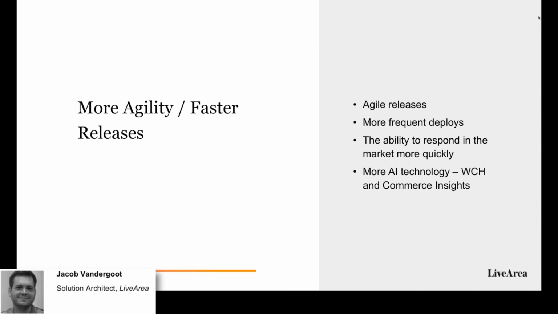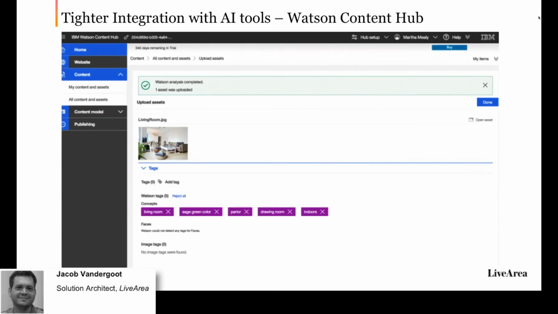Furthermore, WebSphere Commerce has much better AI integration with different technology, such as WebSphere Content Hub and Insights. For WebSphere Content Hub, not only can you start using it to either build your own storefront or just integrate pieces of content that can be externally managed through our Watson Content Hub, but also the Management Center tooling is now integrated with Watson Content Hub.